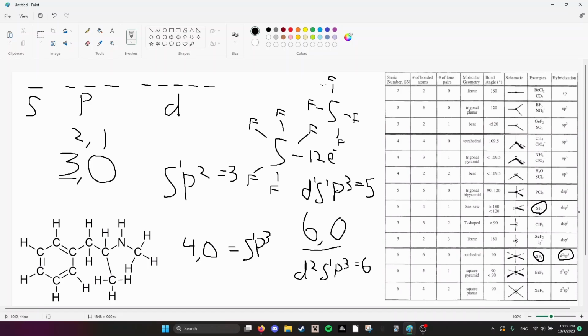We see that there's 1, 2, 3, 4 things, so we might think, oh, sp3. But we also have to have a lone pair of electrons there to make our 5th thing, so that we know that this was actually going to be dsp3, much like it would suggest over there.